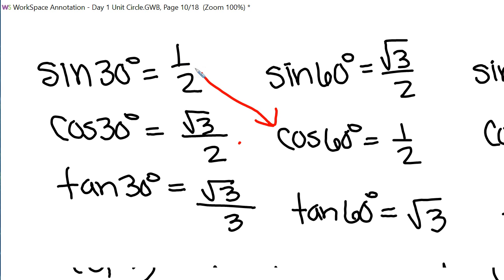It's equal to the sine of 60 degrees. So those are just flipped. So the sine of 30 degrees is equal to the cosine of 60 degrees. And the cosine of 30 degrees is equal to sine of 60 degrees. And then once you know sine and cosine, you can find the tangent by dividing them. And for 45 degrees, these are the same. Make sure you start memorizing those.